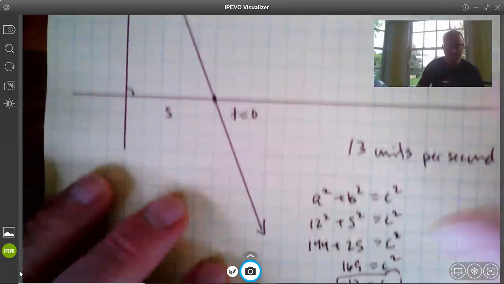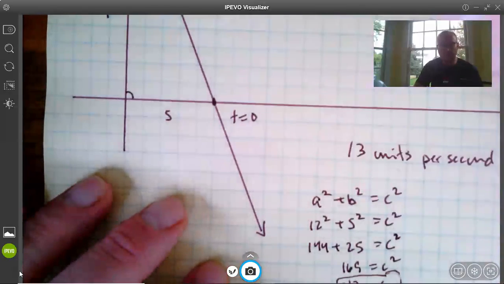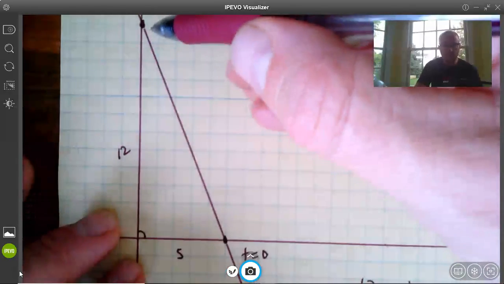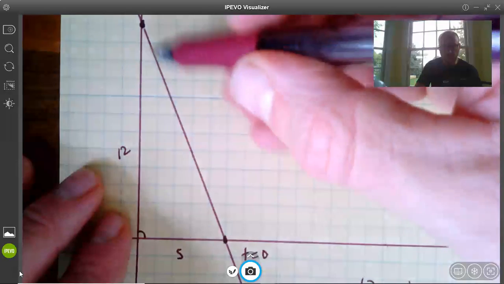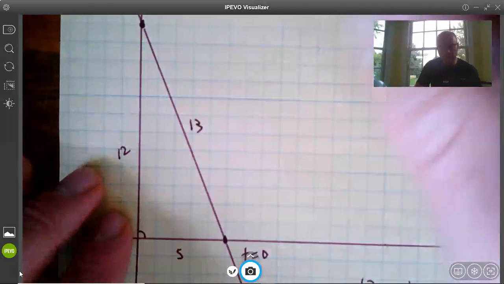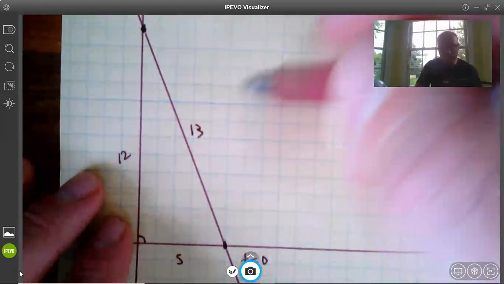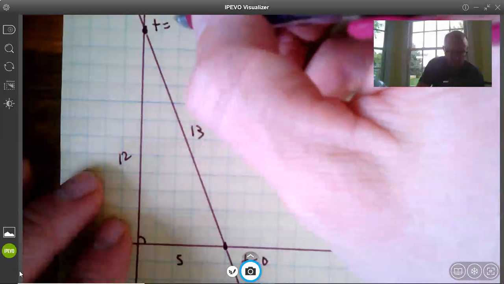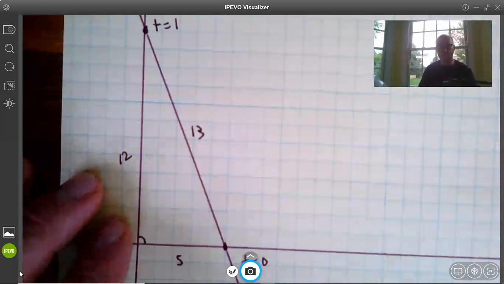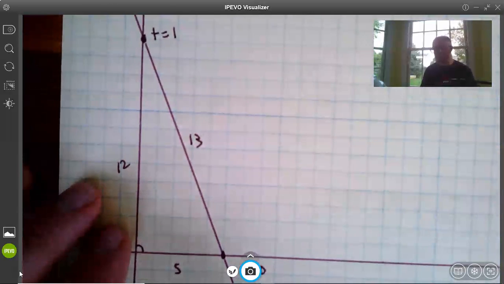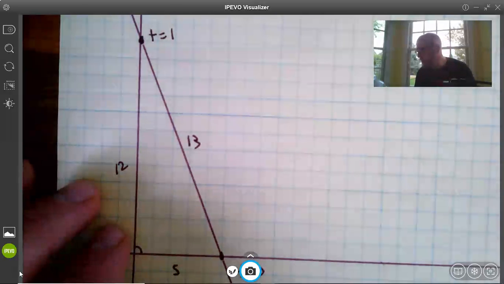So if the bug is here at time 0, and later on it crosses the y-axis up here, that means it's traveling in this direction, and this is 13 units, and if it's traveling 13 units per second, it must be here at 1 second.